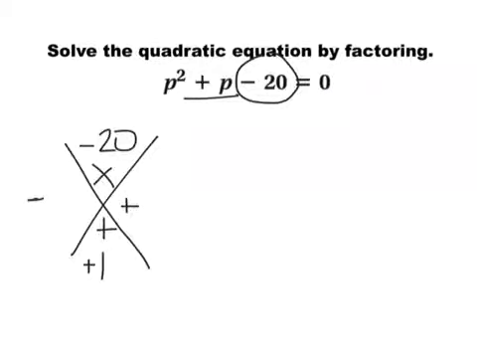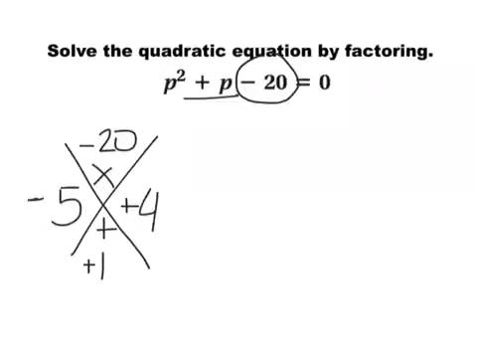If I have negative 10 plus 2, that's not going to get me a positive 1. So I need to think of other factors of 20 that are only 1 apart, and you should think of 4 and 5. Since that third term's negative, the 5 is going to be negative and the 4 is going to be positive.